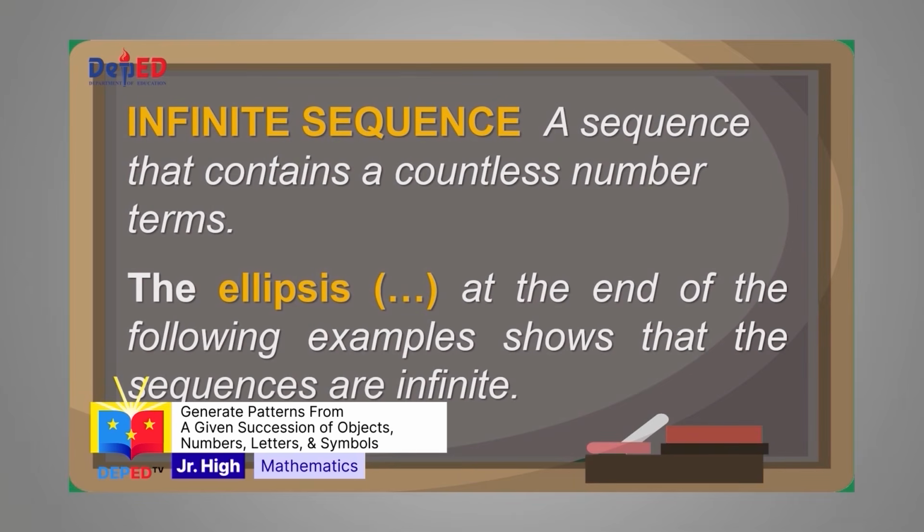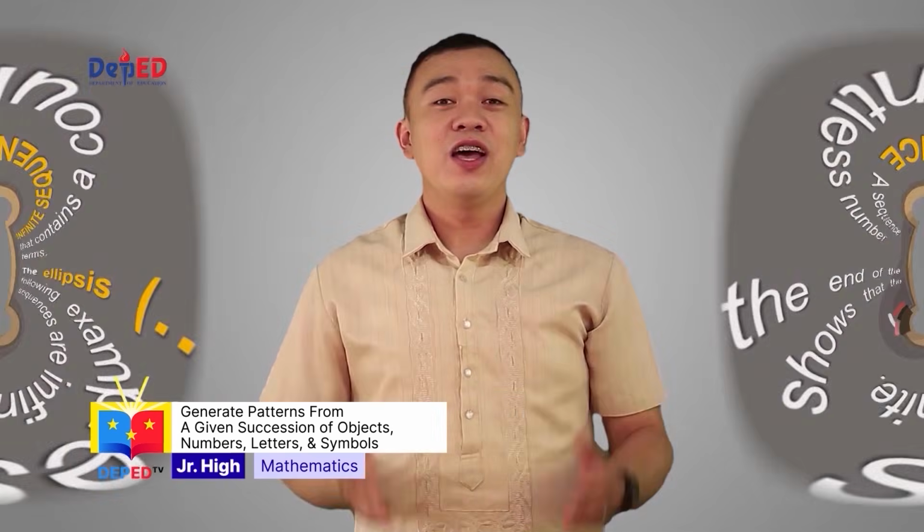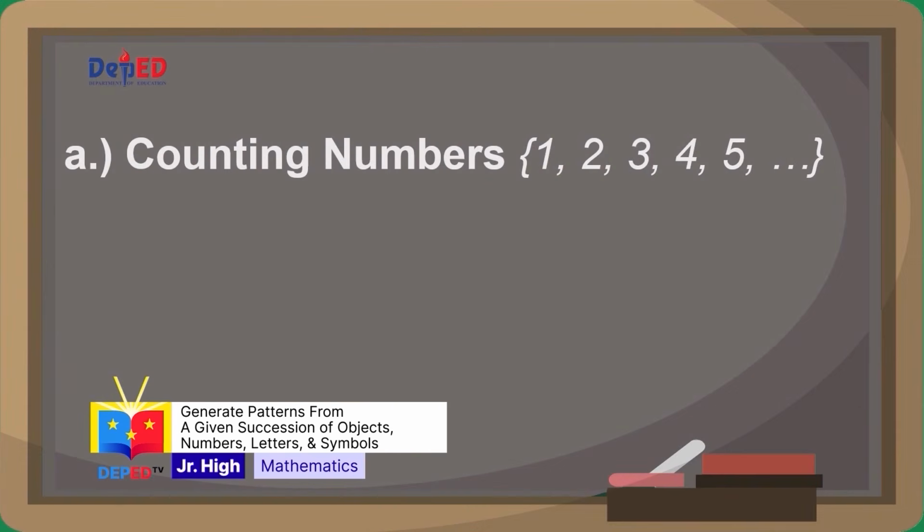The ellipses, represented by 3 consecutive dots at the end of the following examples, show that the sequences are infinite. Consider the examples. Counting numbers: 1, 2, 3, 4, 5, and so on.